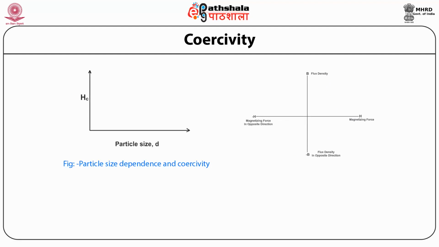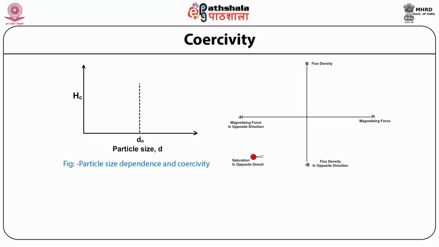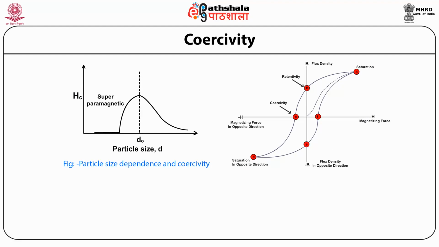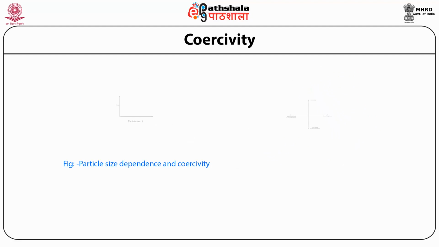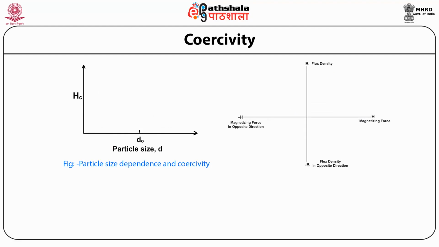For a ferromagnetic material, the coercivity is the intensity of the applied magnetic field required to reduce the magnetization of that material to zero after the magnetization of the sample has been driven to saturation.